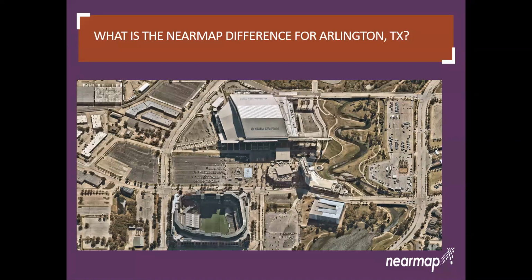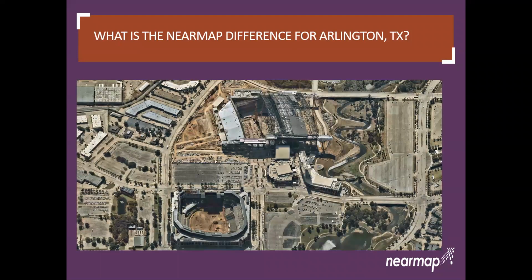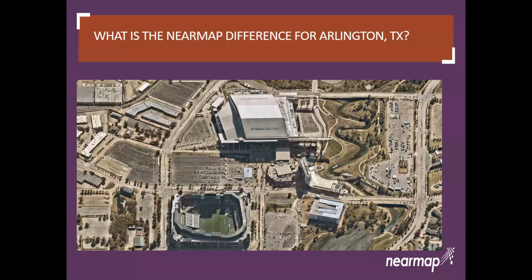As long as NearMap updates that link for the latest imagery, it will always have the latest imagery. So we don't have to update our application, which is a very big time saver. That's one of the biggest advantages to us at the City of Arlington, how we implement the service, and we don't have to maintain the back end or any of the data.